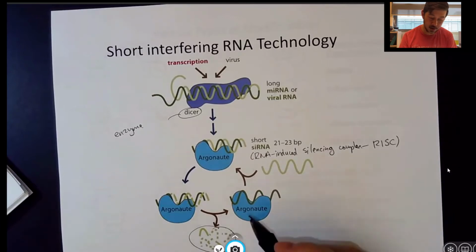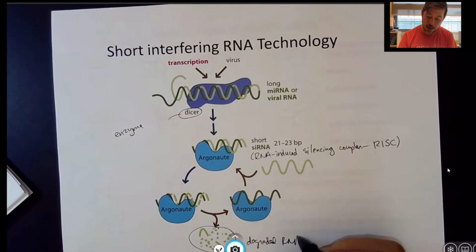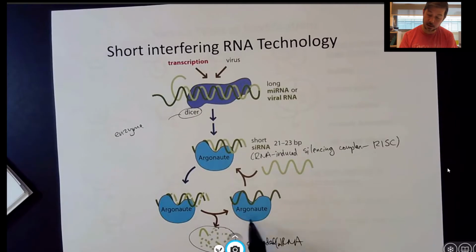It's able to degrade RNA. And if this is your messenger RNA, then that means that you can no longer make that protein. So the degraded messenger RNA is going to be released. No protein can be made.